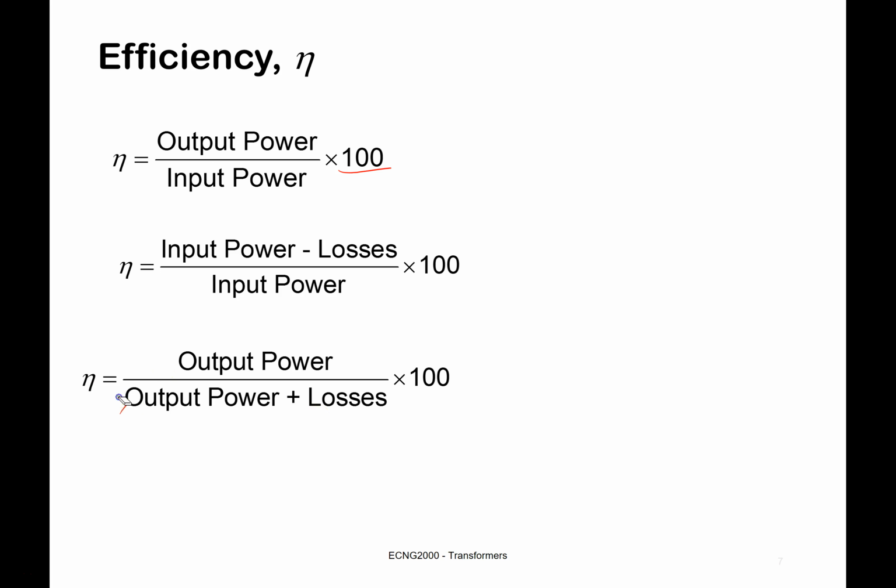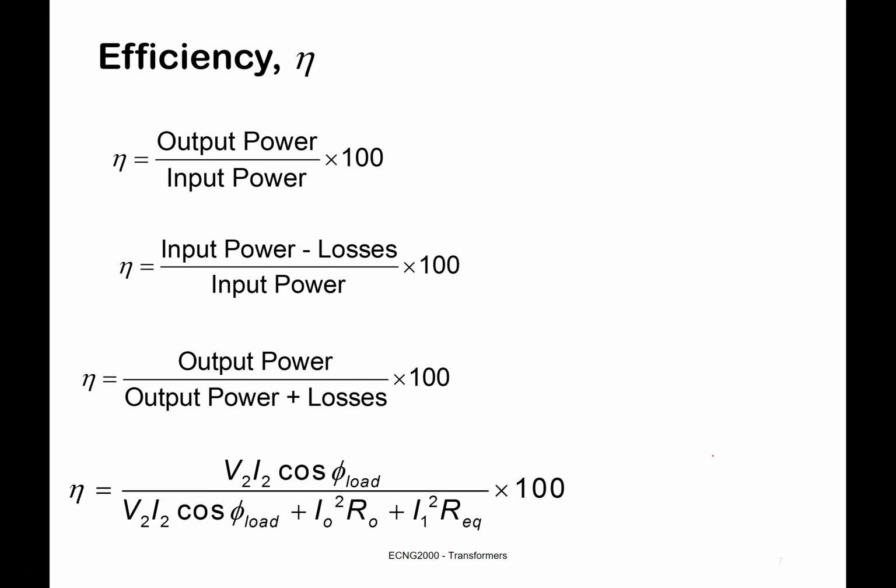So all of these things are different ways we could write the same equation. The important thing to remember, however, is that only the R's, not the X's, contribute to the power loss.